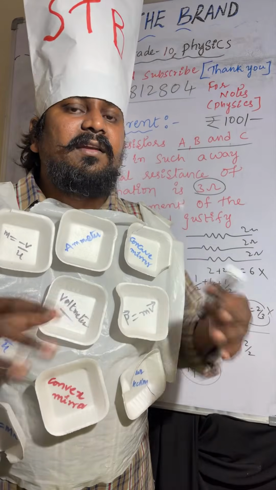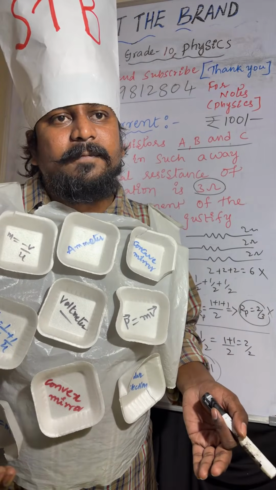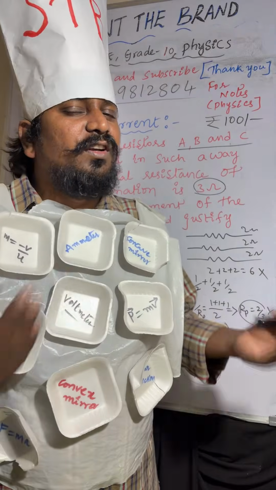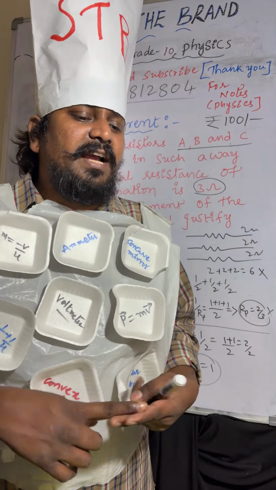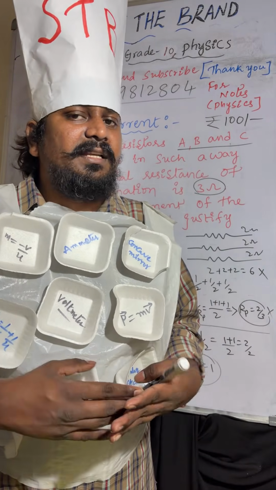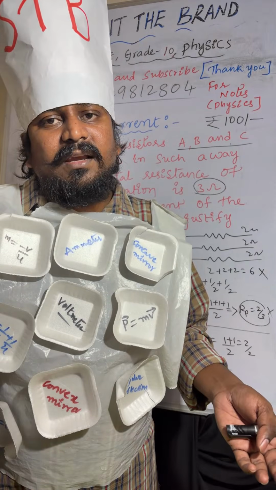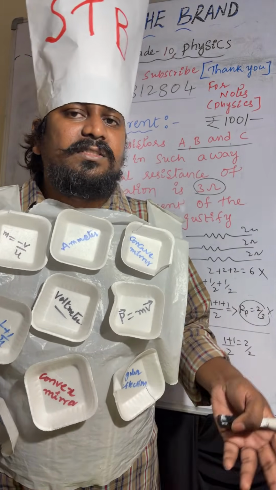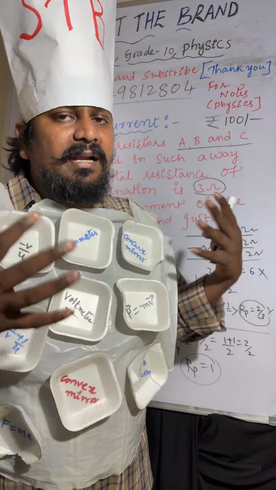Based on different models, 100 problems are there, and you'll get notes of 4 chapters: light reflection and refraction, human eye and colourful world, electricity, magnetic effects of electric current. And from these 4 chapters you'll get 100 definitions.